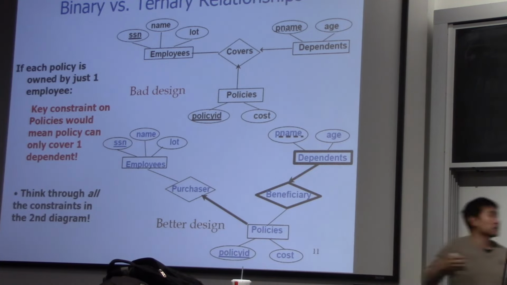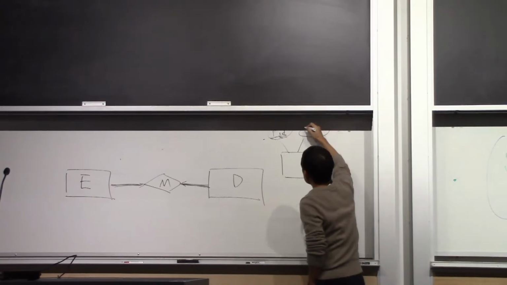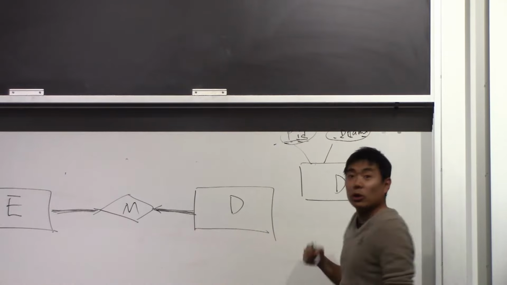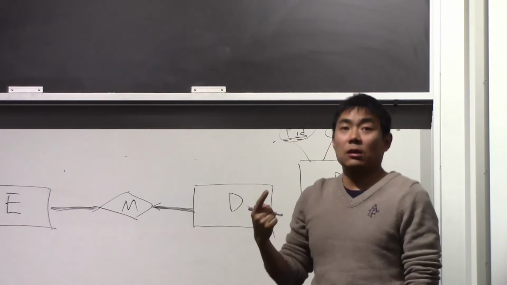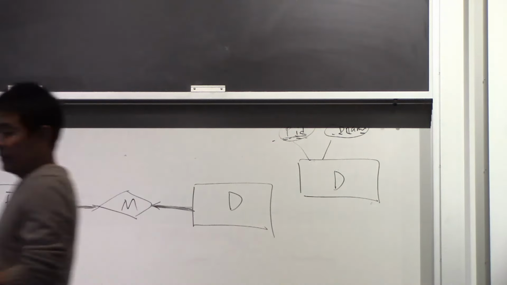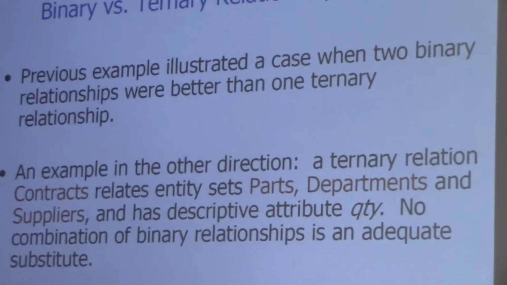So that's a one-to-many mapping we argued. And a policy may have multiple dependents. So from here to here is one-to-many, but then from employee to dependents, that's one-to-many as well.